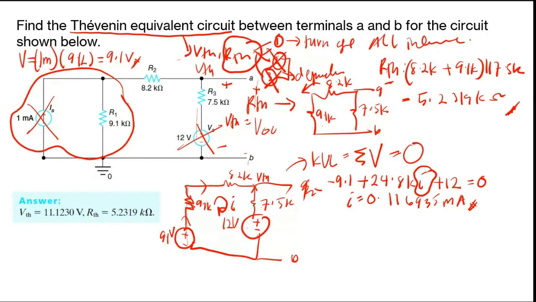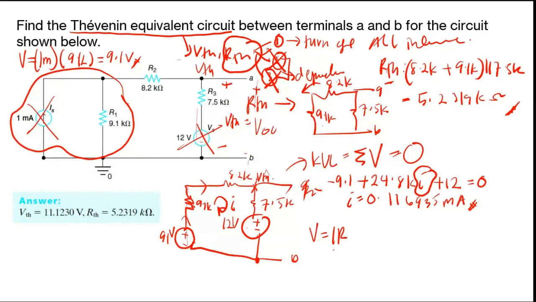So now you already have the value for I, and it's easy to calculate V. V is equal to I, your current, times your resistor. Okay, so what is your I here, guys?